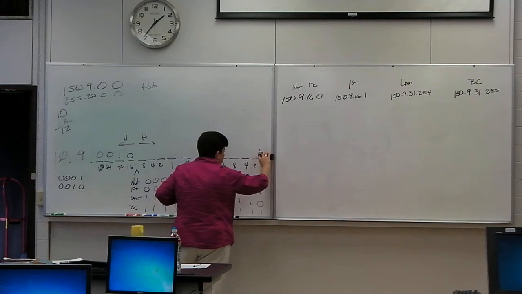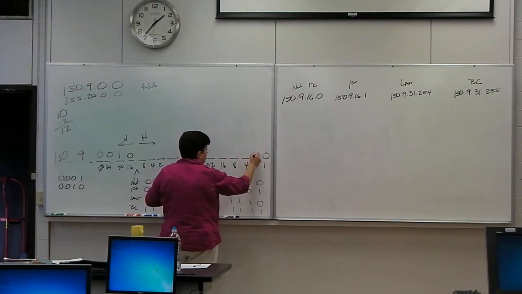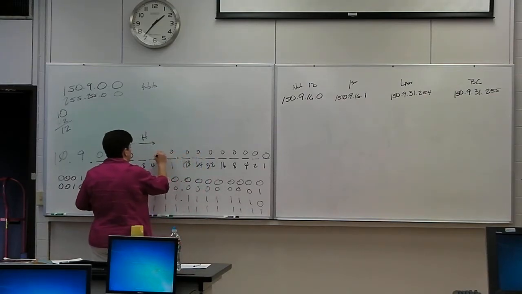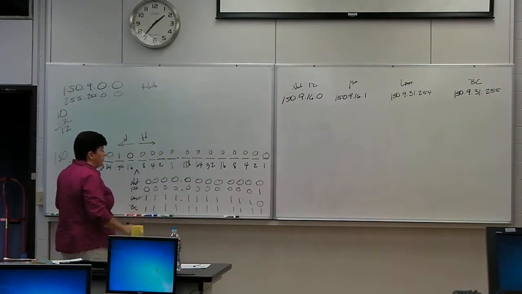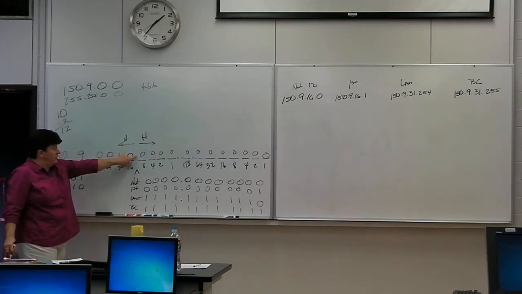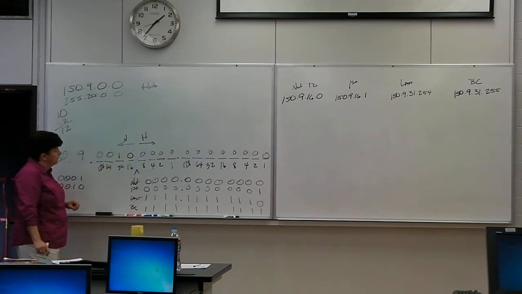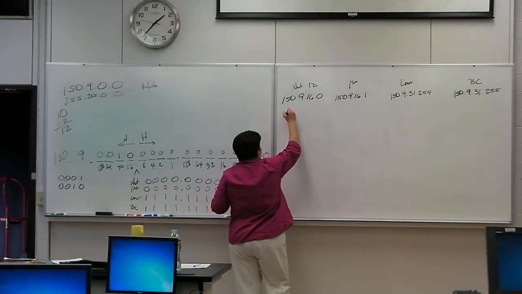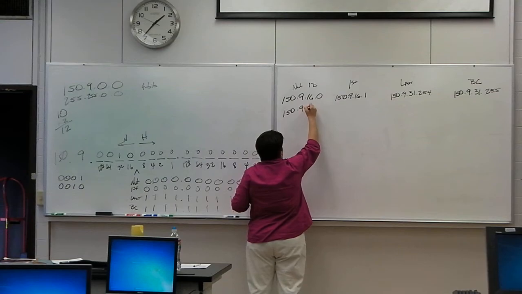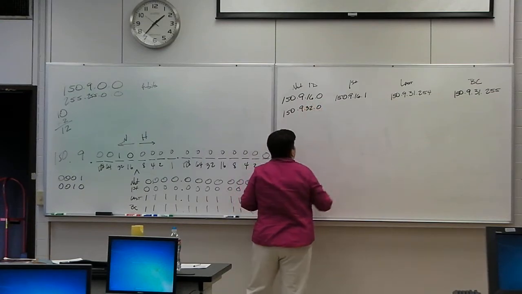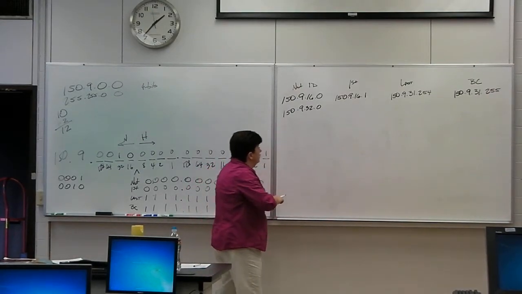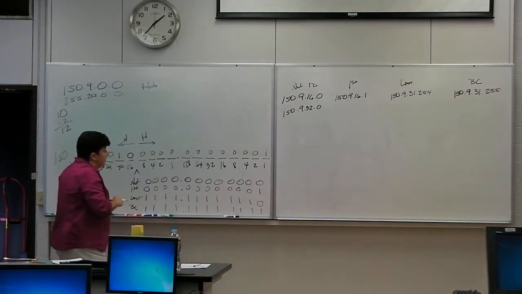And what's the smallest number I can write? So we took this line and put it up here. So now what do we have? Not sure right now, I think 32, but add 1 to that to get my first usable address.